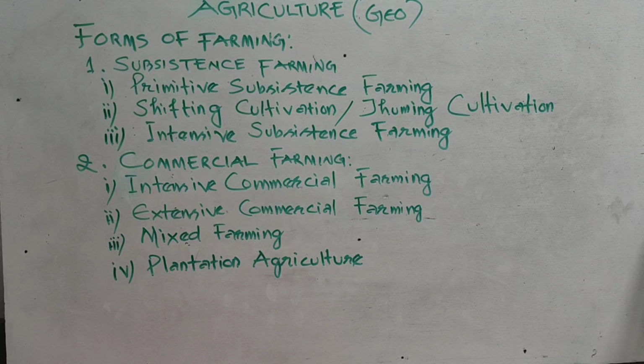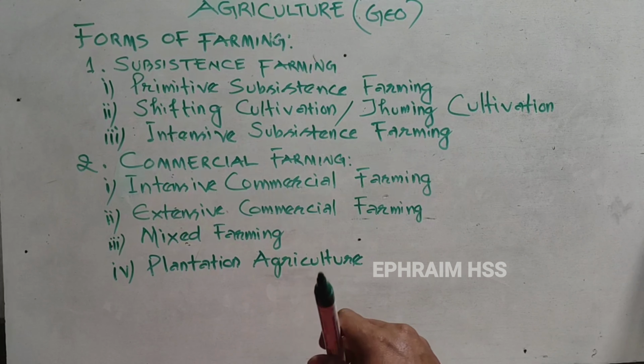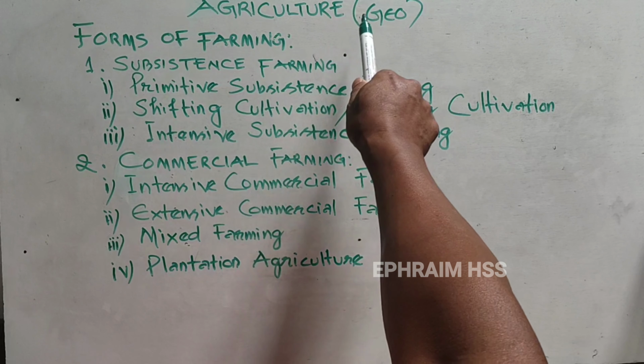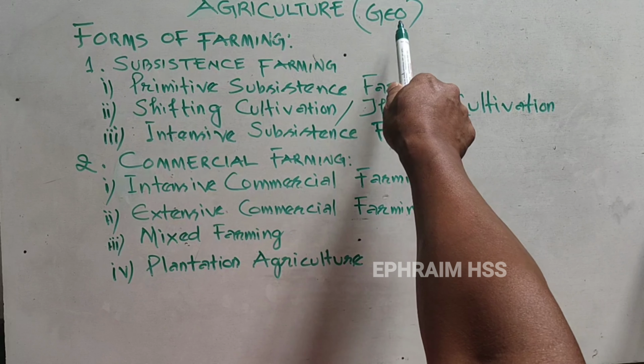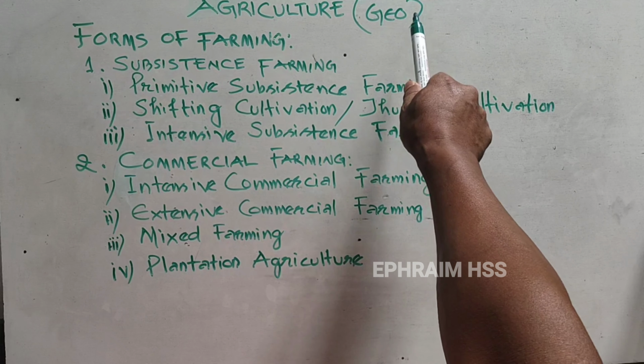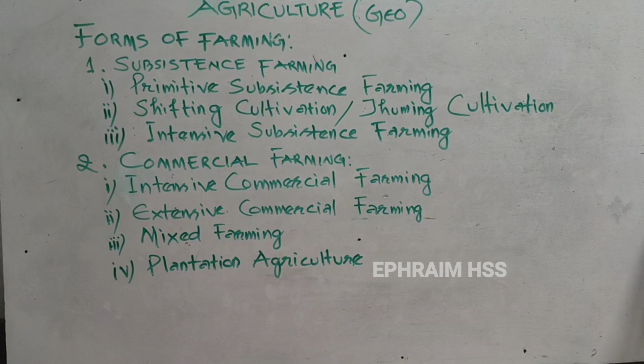Dear student, today I'll explain to you about agriculture, that is from Geography, chapter 4. As far as agriculture is concerned in India, it is one of the most important occupations for the people of India.